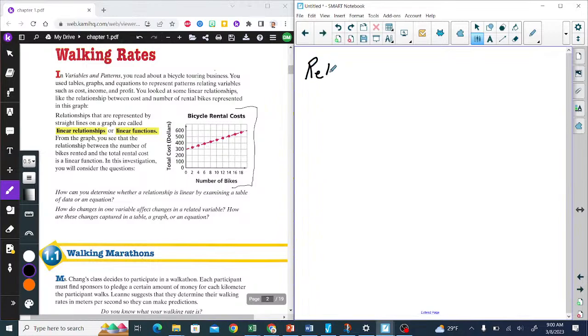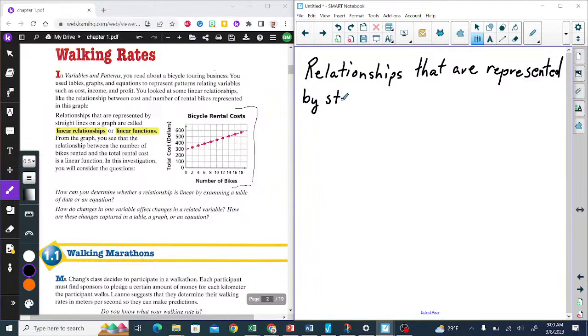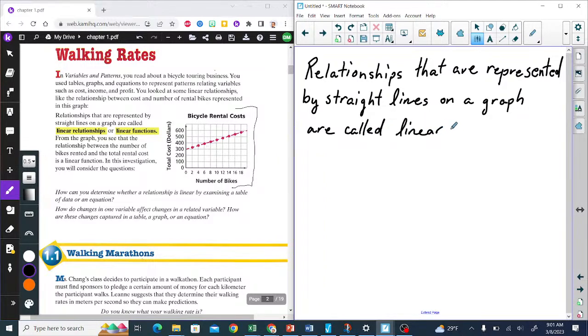If you're making notes for yourself: relationships that are represented by straight lines on a graph are called linear relationships.